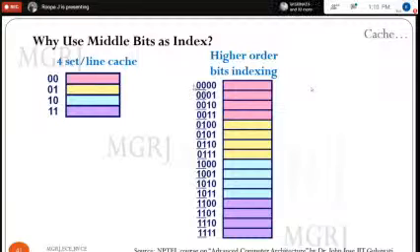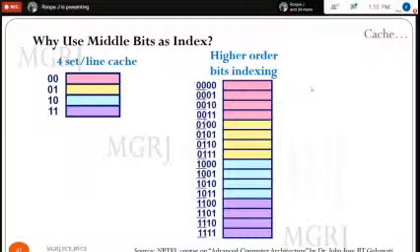If you look at the higher order bits, the first 4 combinations are same, and similarly the next 4 combinations are same. So your bits are not changing for a certain number of times. When I use higher order bits, the bit combinations are same for a certain number of times.